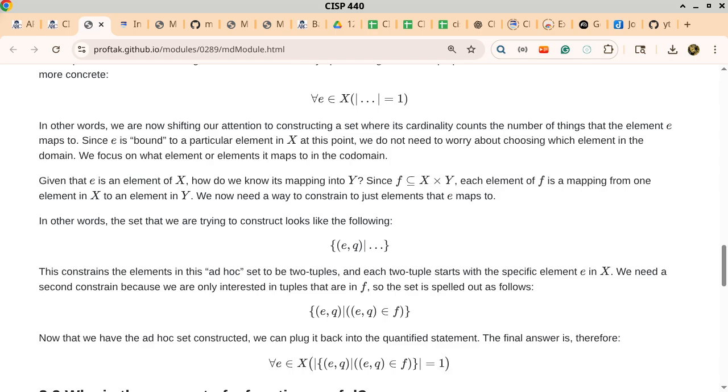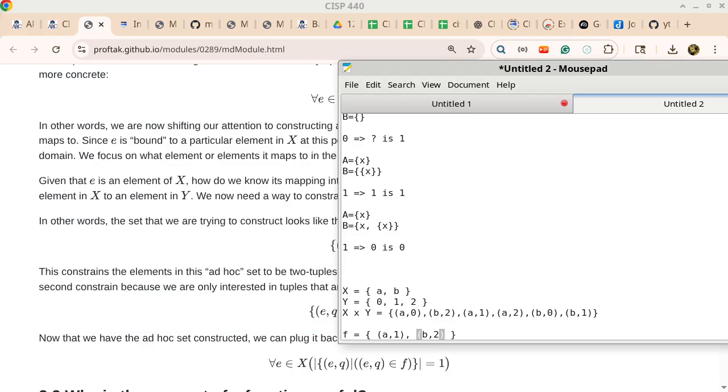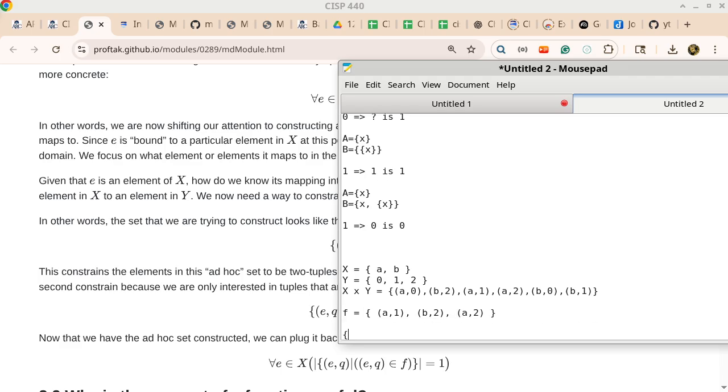So let's go ahead and relate this back to the example that we are working with. Okay, so we'll just go ahead and make this not a function. So A also maps to 2, okay, like that. So now, if I need to work out, I tell you what E is.